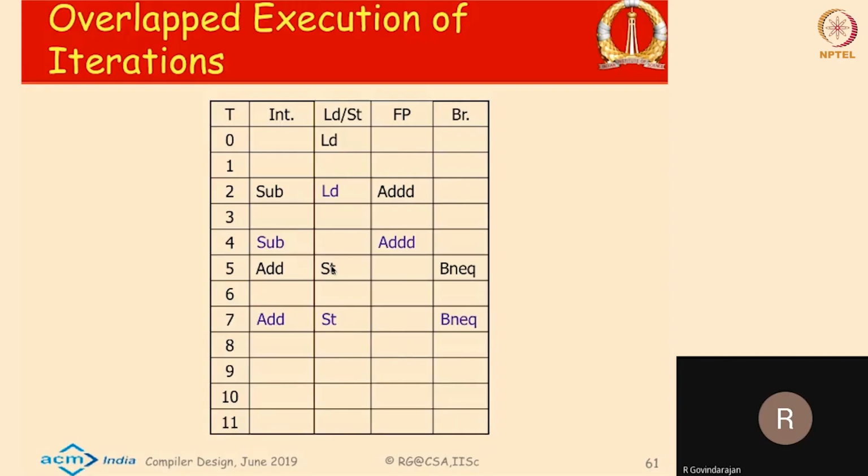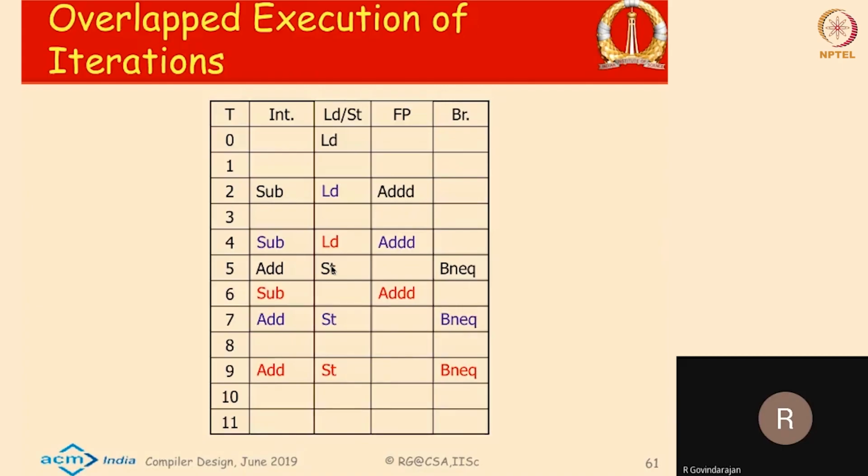Now you can see that operations from iteration 0 and operations from iteration 1 are overlapped. I'm no longer talking about a basic block boundary, or about keeping them separate. I have now overlapped these 2 iterations. And let me start the next iteration 2 more cycles later, and so on.